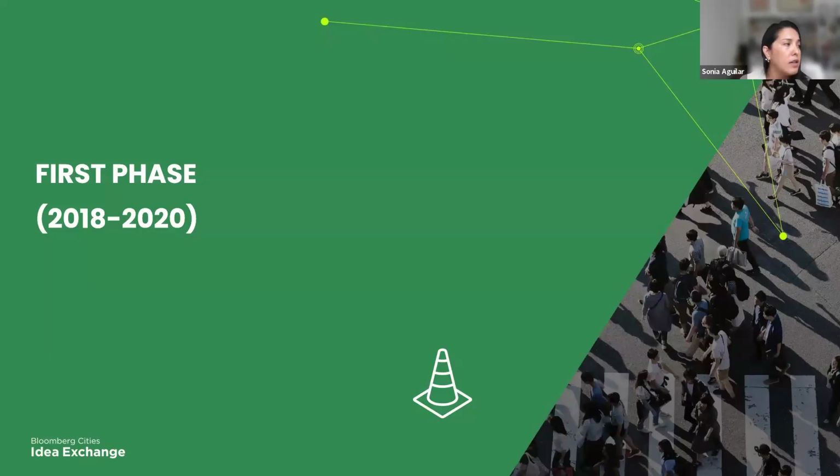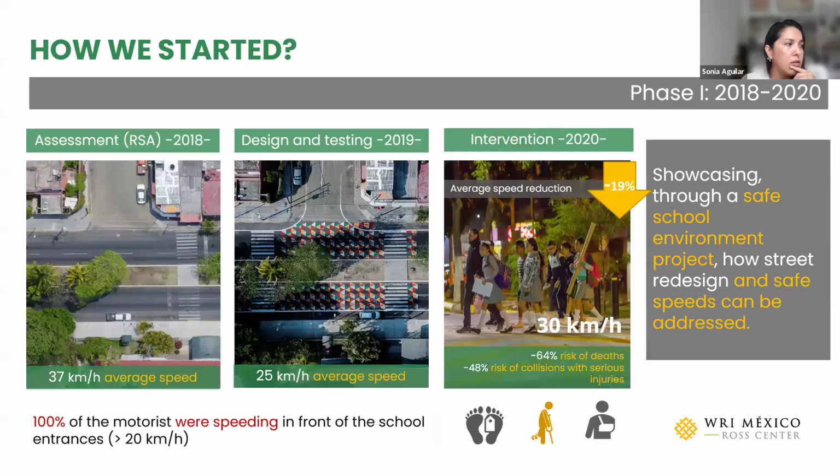During the first phase, we started with an assessment. As I mentioned, we started by showcasing that streets could be redesigned based on slowing down speeds. We highlighted to the population that streets should be safe for everyone, with special attention to areas where the most vulnerable populations commute.